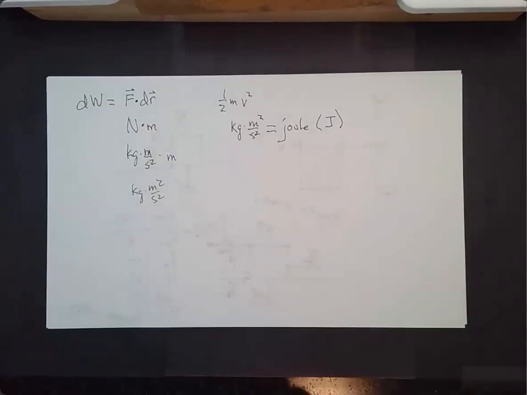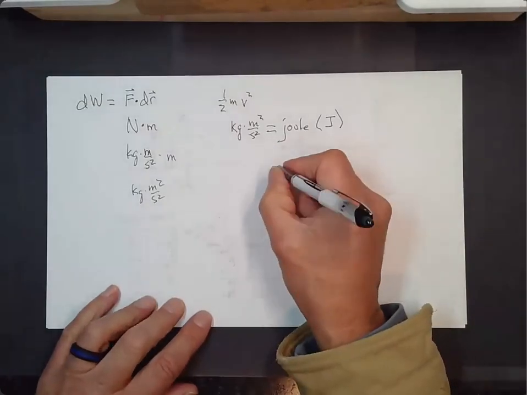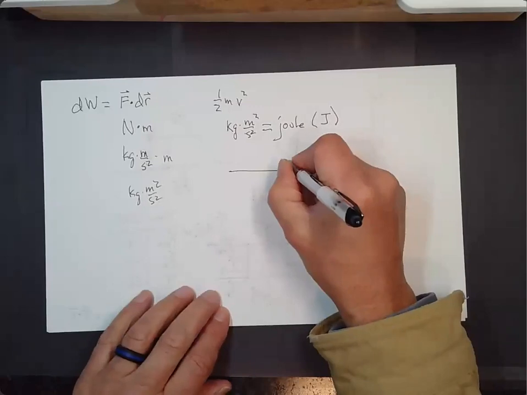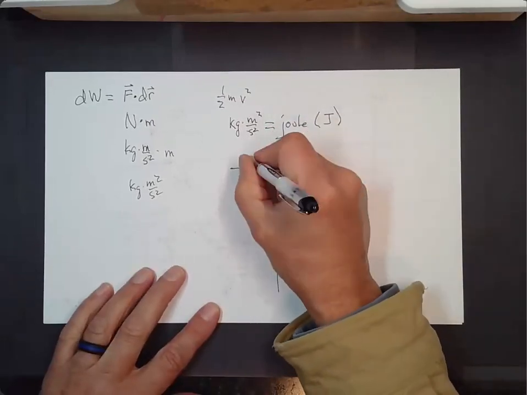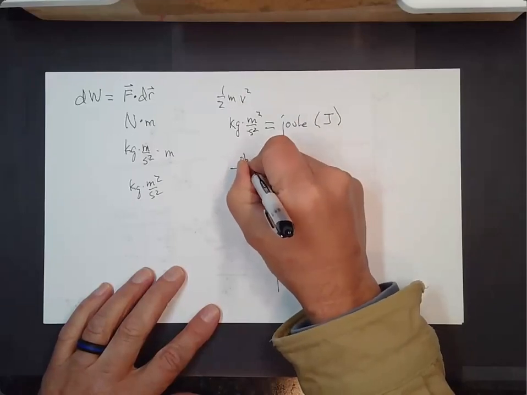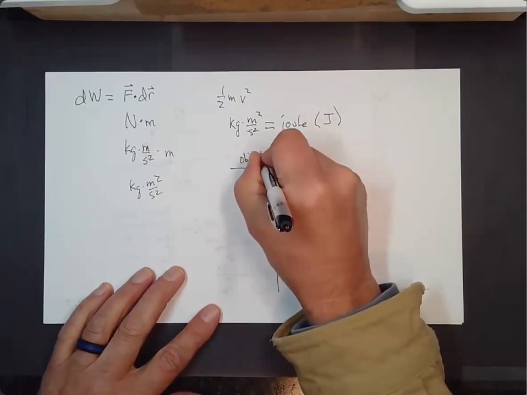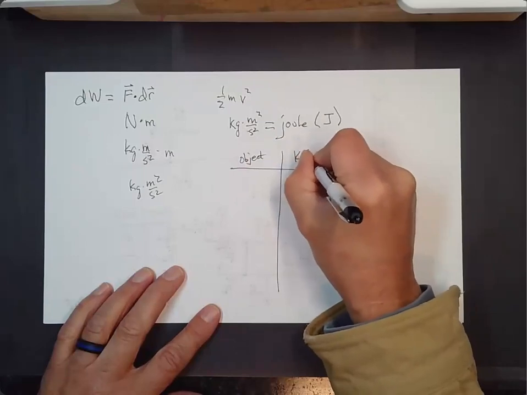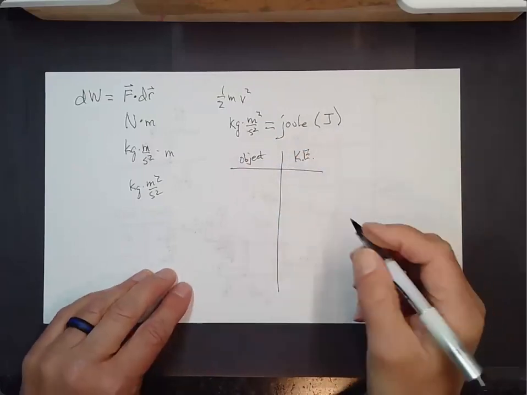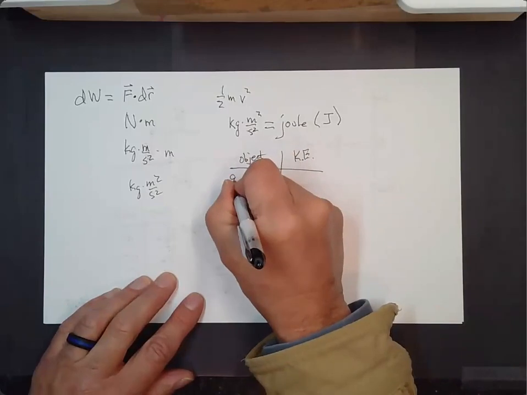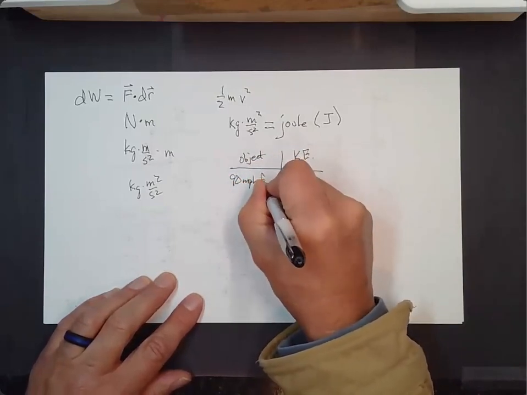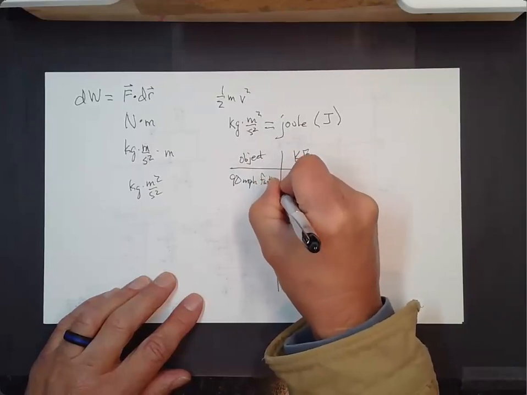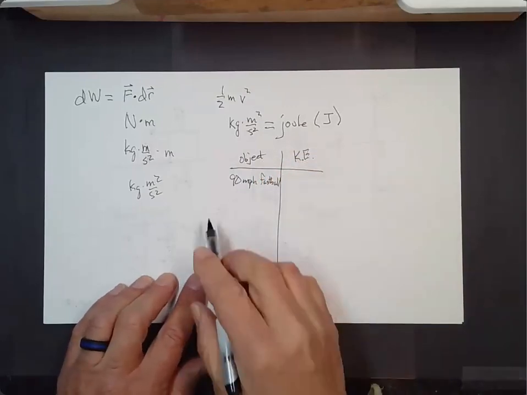Something I wanted to do was just to look at the kinetic energy of different objects. So we'll start off with a 90-mile-an-hour fastball.